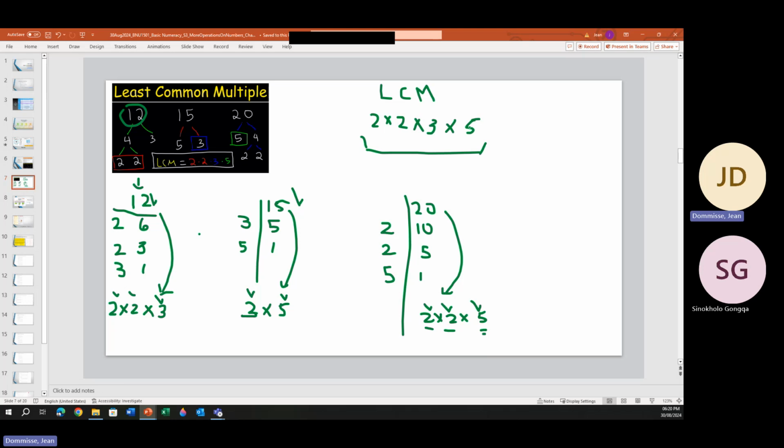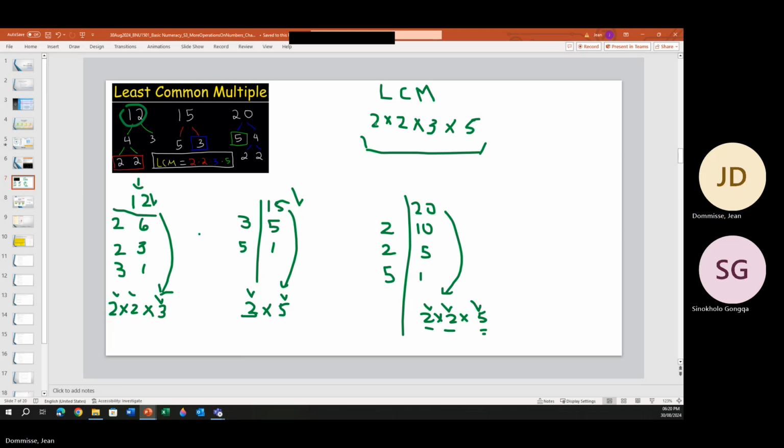Okay, so that is basically what lowest common multiple means, is that in the end, we look at those three numbers and we check out of those three numbers what's the minimum factors that we need to get to a 12 or a 15 or a 20.